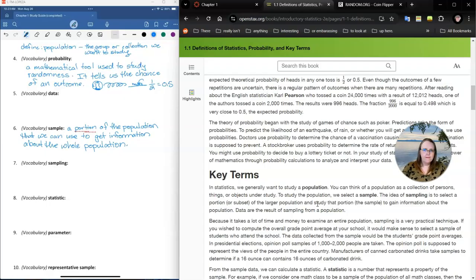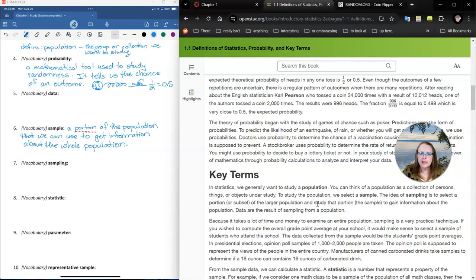So I'm going to take 50 balls out of this giant ball pit as a sample to help me predict the makeup of the colors of balls in the entire population of balls. So you don't have to have people to have a population. Population can be any group or collection of things.